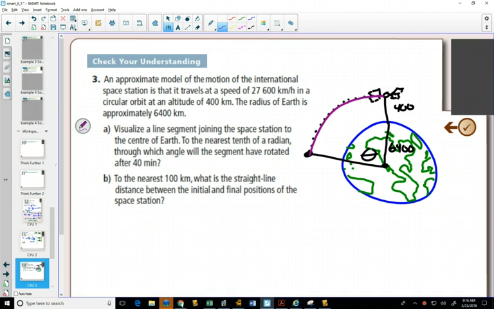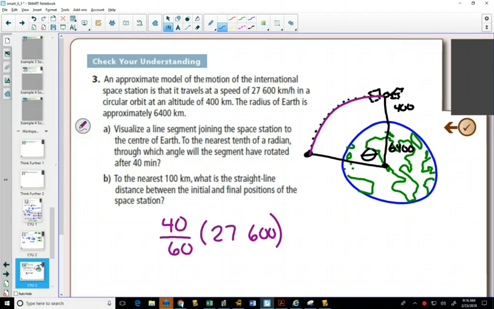We use the same ideas as proportions that we were using before. 40 minutes is a percentage of an hour. It's a proportion of the hour. How much of a proportion is it? 40 out of 60. That's the percentage of the distance you would go in an hour.